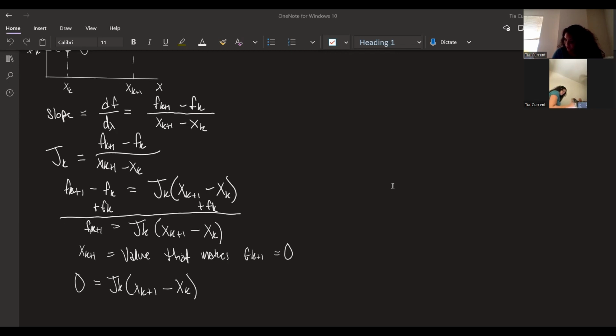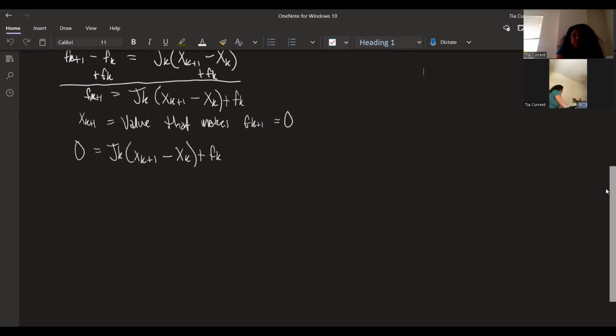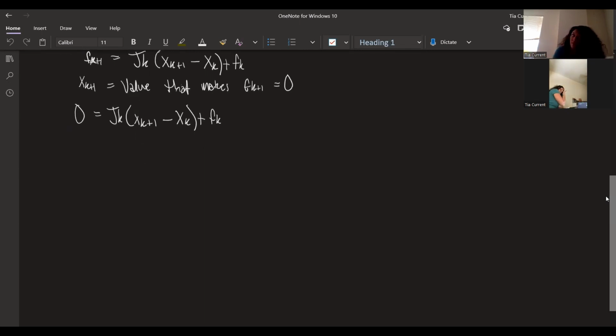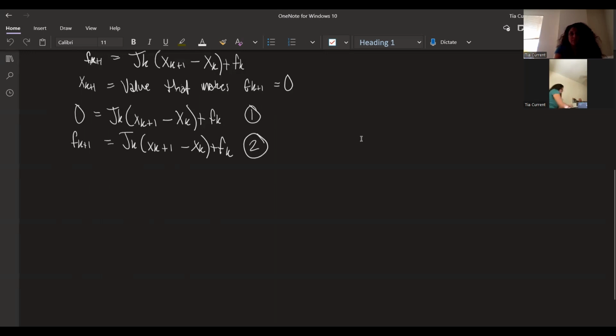How did I forget to add my f k up there? Plus f k. Okay, so we got that. But there are also going to be instances where the function is not quite equal to 0. So this is our first equation, and our second equation is still just f k plus 1 is equal to J k times x k plus 1 minus x k, and then plus f k, of course. And it's going to be our second function.